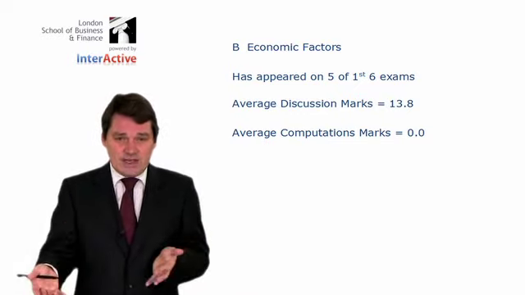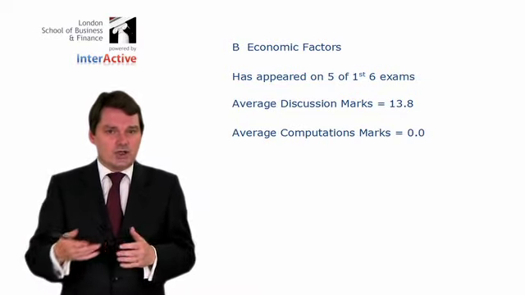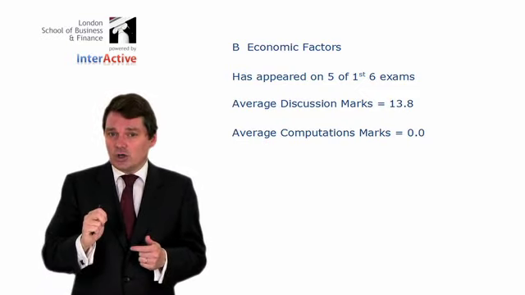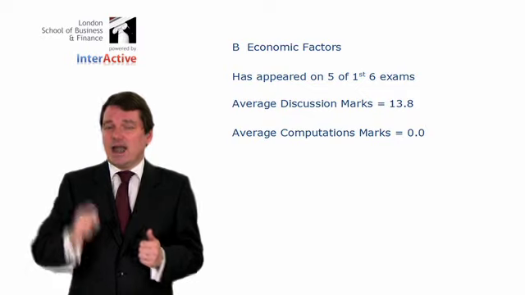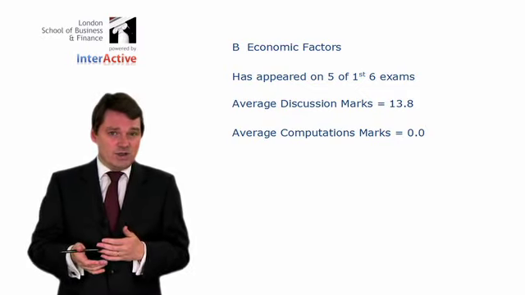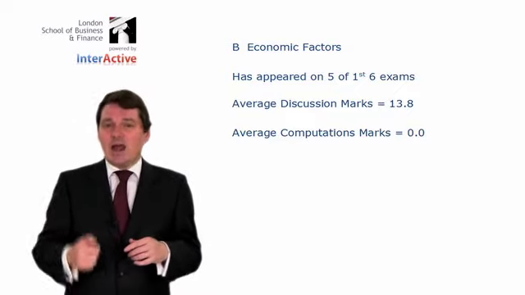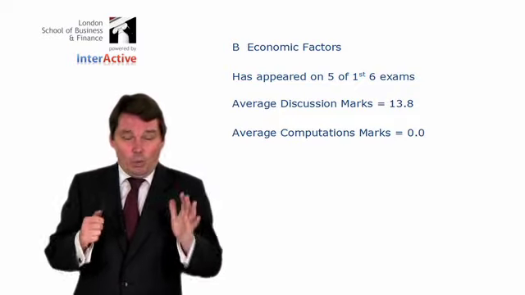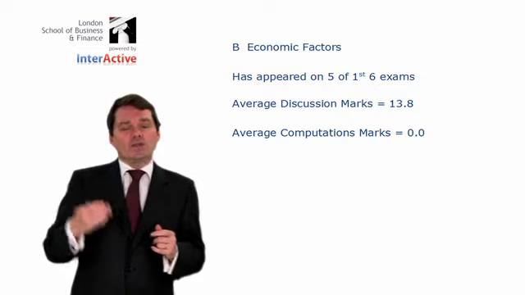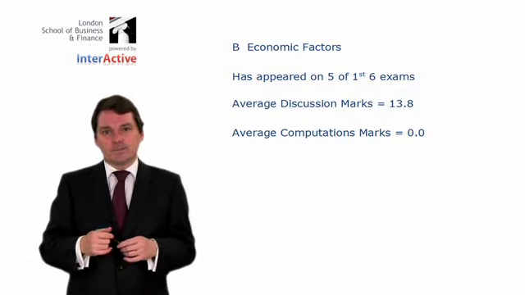Well, if there is a recession, if there is a lot of competition, if the government changes the law for some reason, you might not be able to charge the same prices as you have got in your budget. So your budget might need to be adjusted. So it's about what goes on in the outside world that affects our decisions. It may even be it's not worth selling that product anymore and we have to do something else instead. So although it's called economic factors, in effect, it's about the external environment.